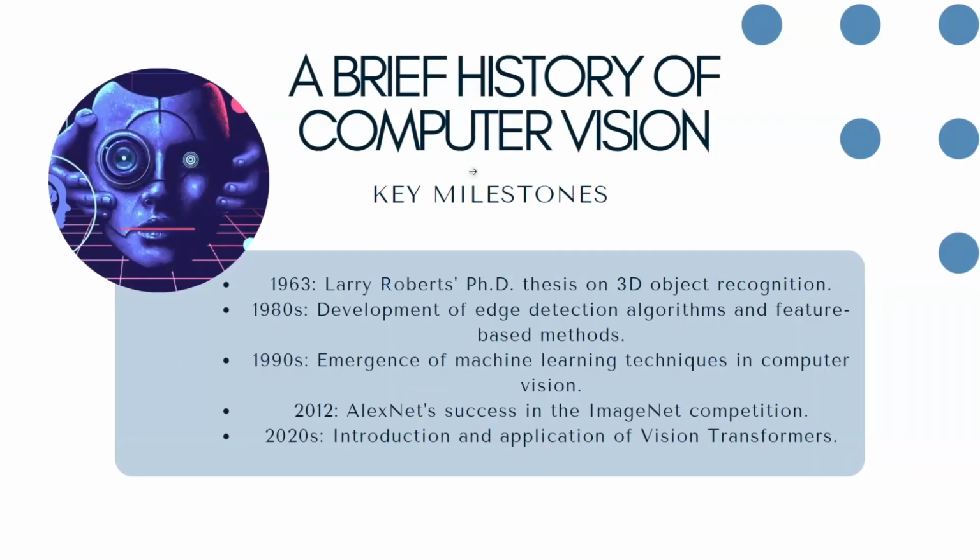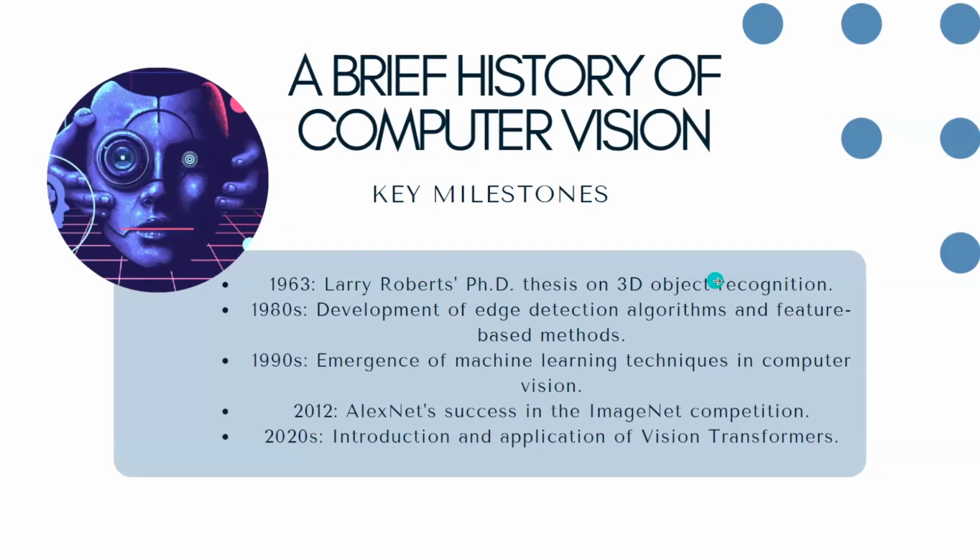There is a little bit of history, but we are not going to get into the details. This is just to let you know that computer vision is not something new. It comes all the way from the 60s, when Larry Roberts presented a thesis on 3D object recognition. Then there were developments in algorithms and feature-based methods, to extract meaningful information from a picture, in the 80s.